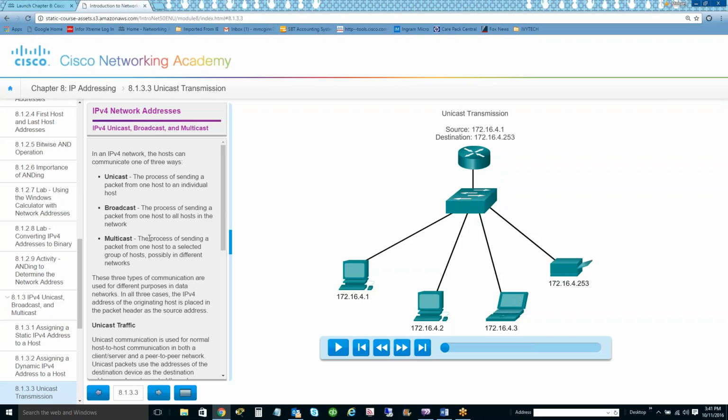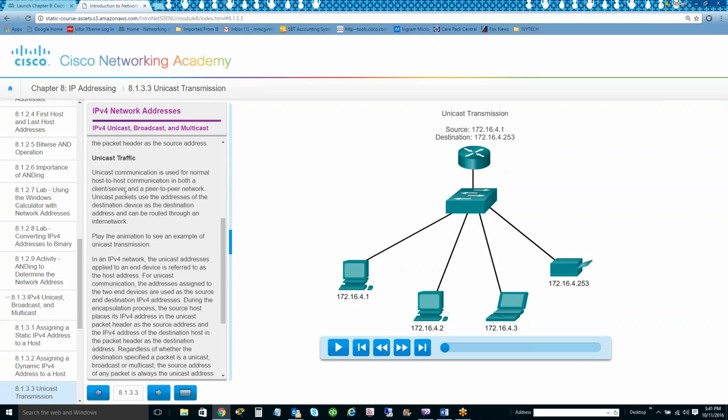And a multicast, which is the process of sending a packet from one host to a selected group of hosts, possibly even in different networks. These are used for different purposes, but in all three cases, the IPv4 address of the originating host is placed in the packet header as the source address.